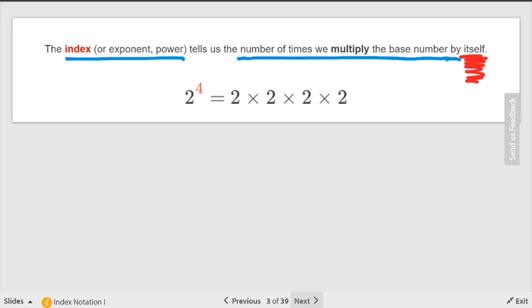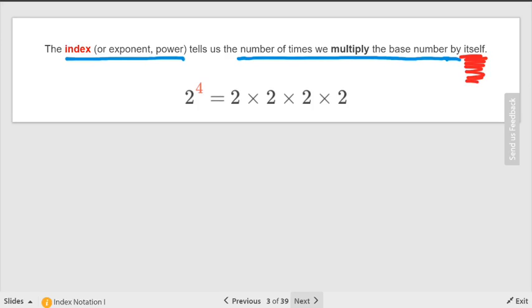Okay? So everything that I've underlined, I want you to write. The index, or you can say exponent or power, you can just write one word for that, I don't care, means the number of times we multiply the base number by itself.